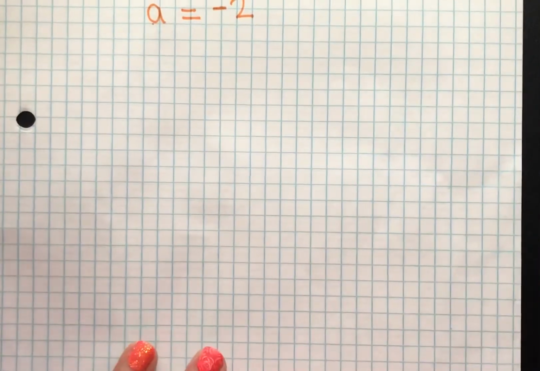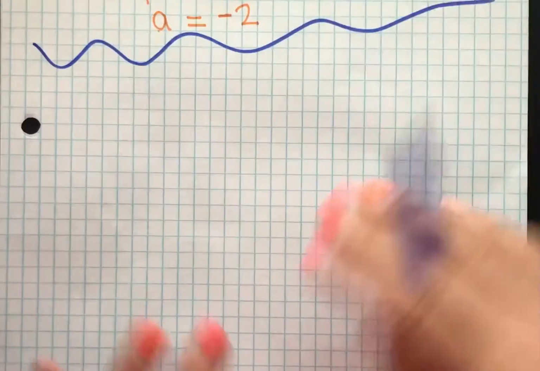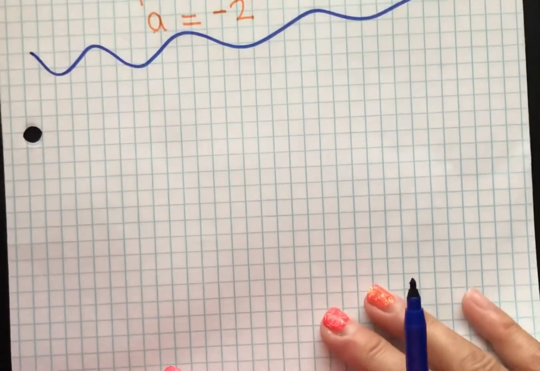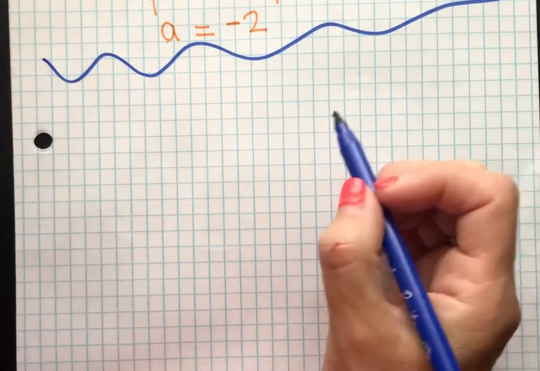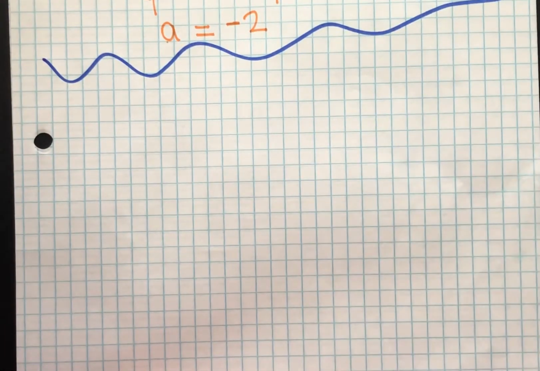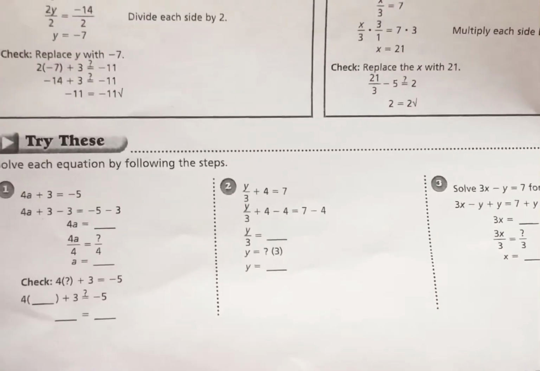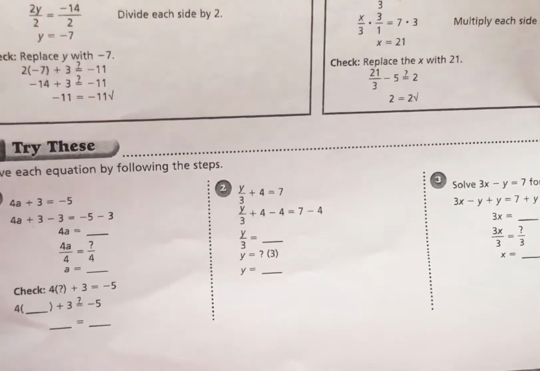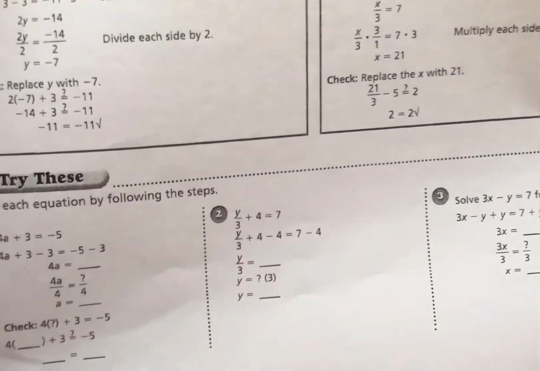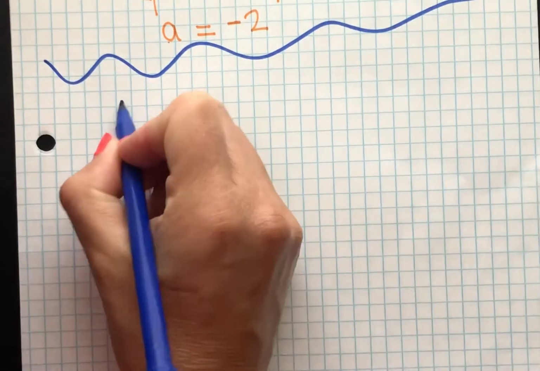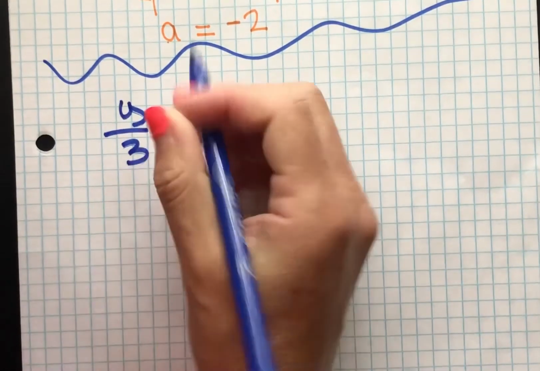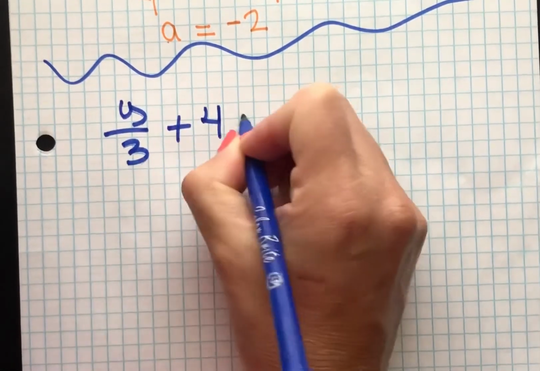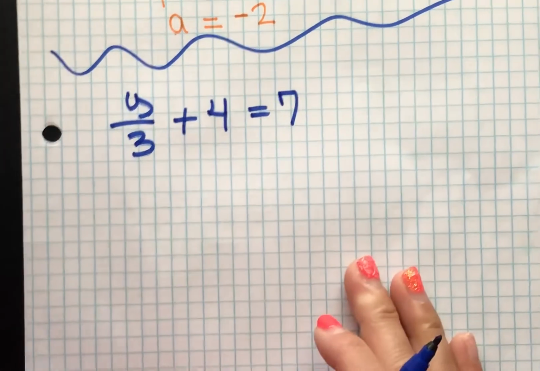So the next example, again, this is on this page, page 25, I believe. We're going to do example 2. y divided by 3 plus 4 equals 7.